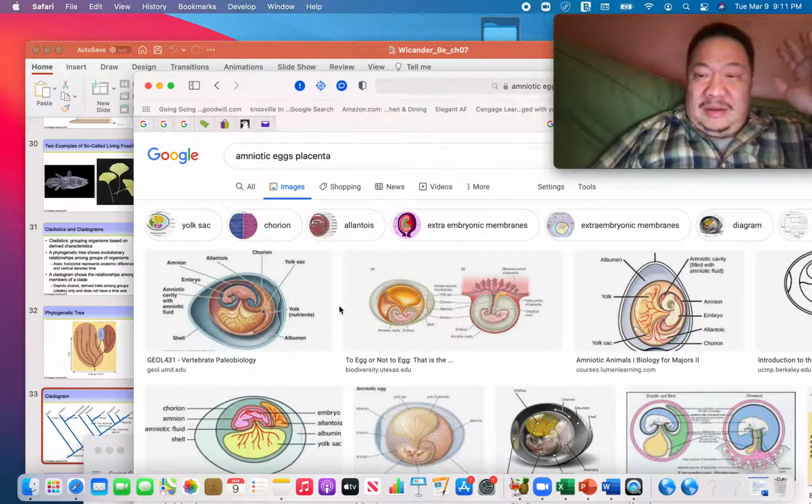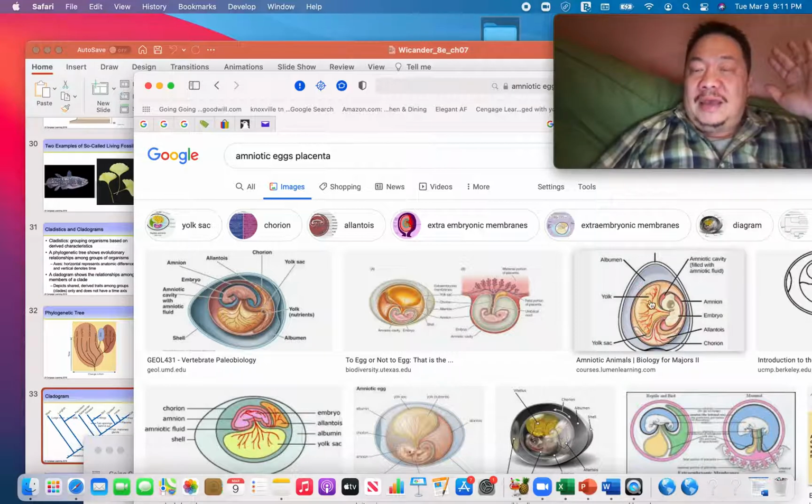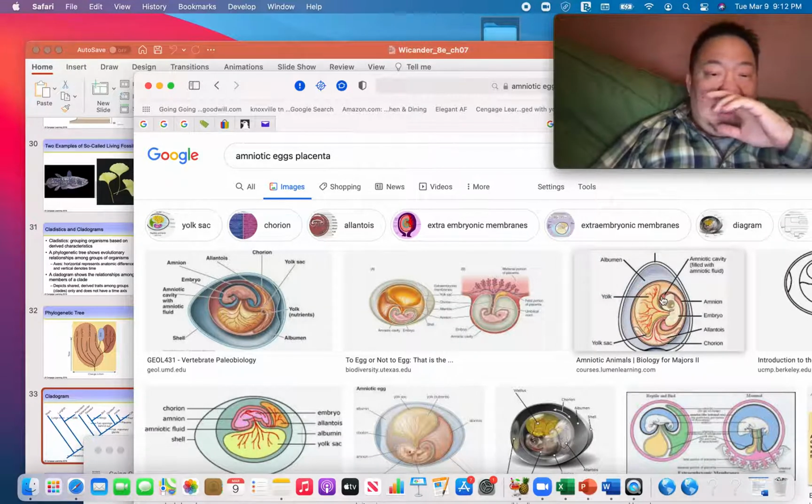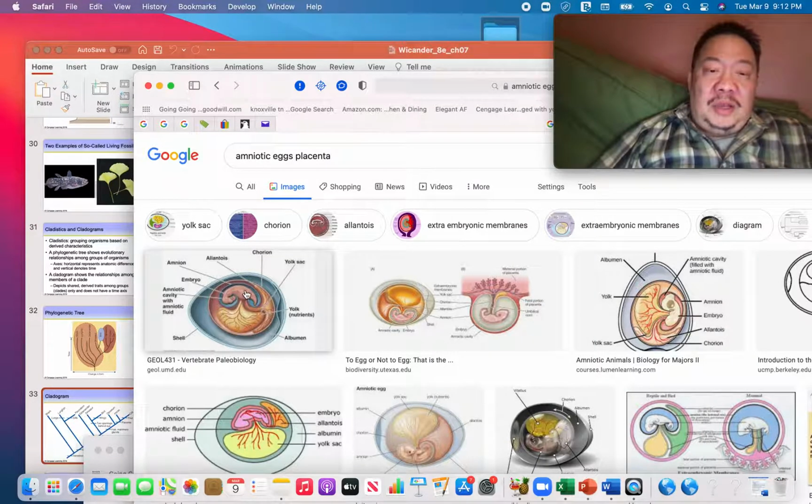And so there's the embryo, and the embryo could feed off of a yolk sac in birds, but for humans it's a placenta. And then you've got a food source, and also a place to get rid of your waste, which is called the allantois.